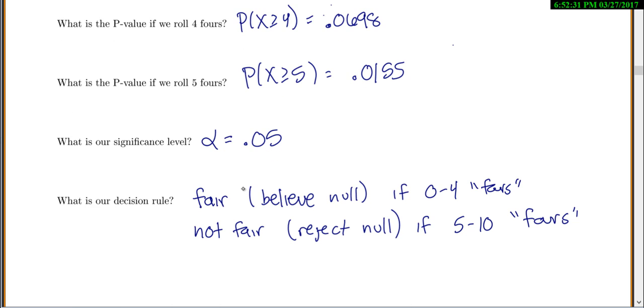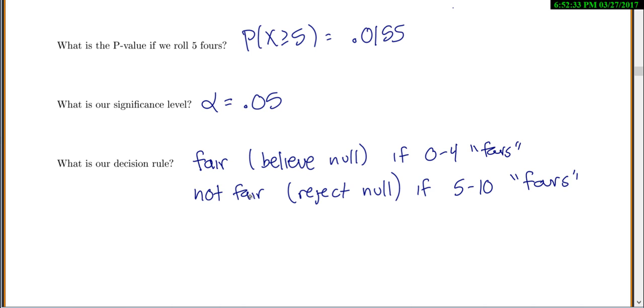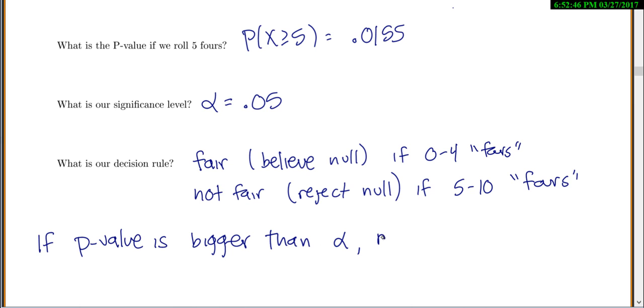Okay. So that's not coincidence. This is actually our rule that you're going to memorize and use for the rest of the class. So if our p-value is bigger than alpha, we will believe the null, which we don't ever say believe, we'll actually say fail to reject the null.